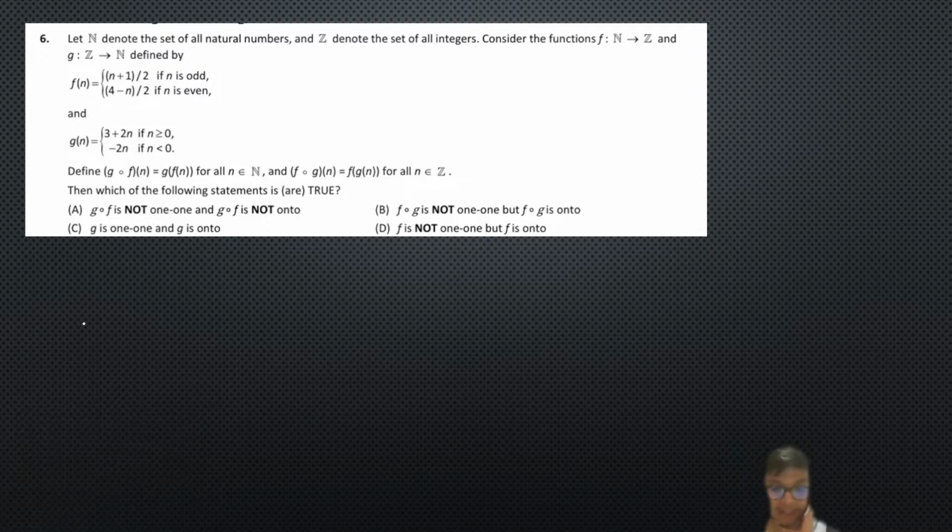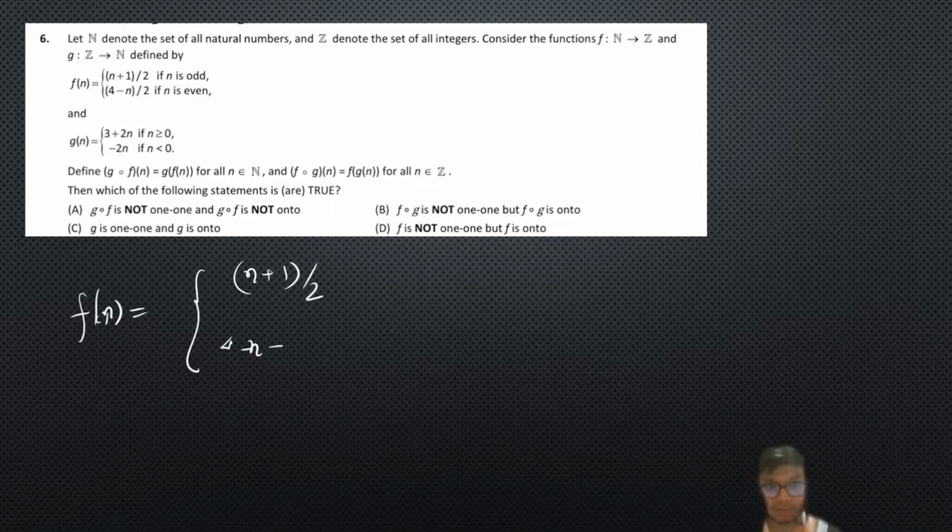So I would generally start by plotting the function f of n, and this has (n plus 1) upon 2 if n is odd, and it's 4 minus n by 2 if n is even. So I can write n as 2k and n as 2k plus 1, right?